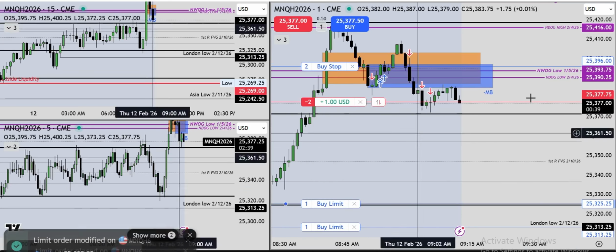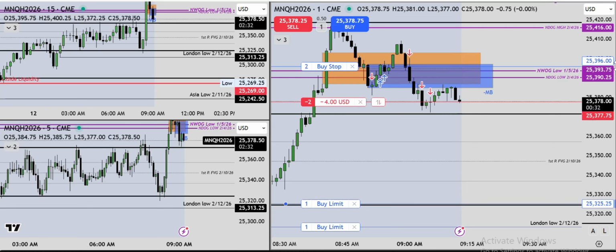And that's where I set my limit order for the lower quadrant of yesterday's premium wick.